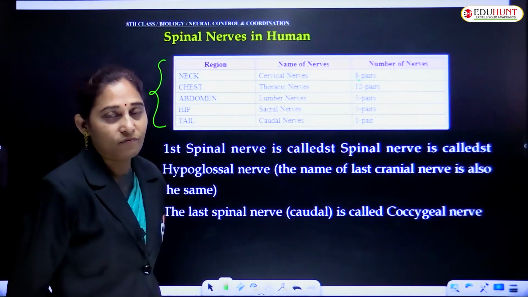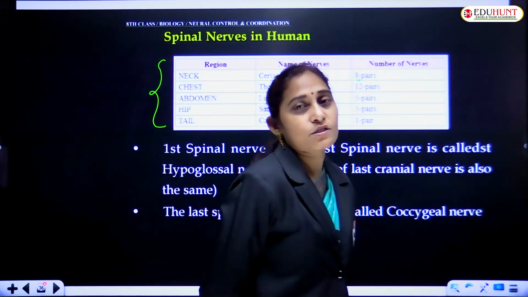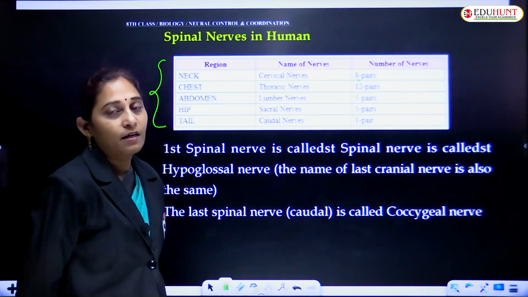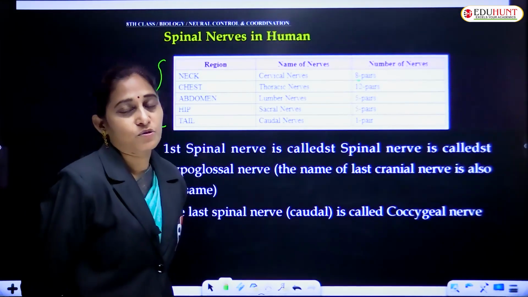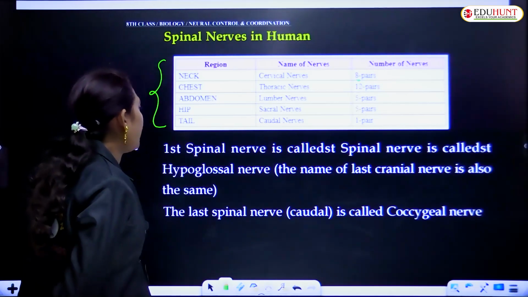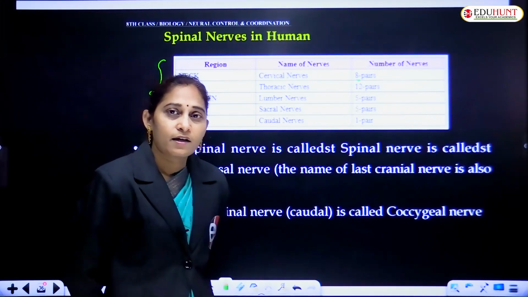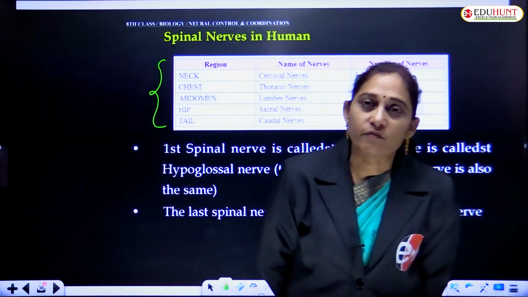The dorsal root is the afferent root and the ventral is the efferent root. The dorsal root has the ganglion, but the ventral root has no ganglion. So this must be remembered, and in the next class we shall see the remaining details of the nervous system.